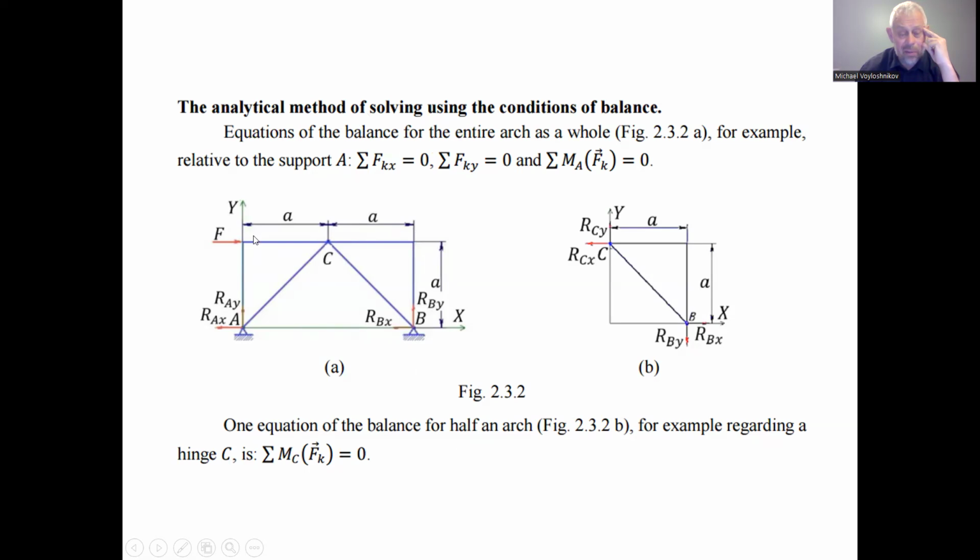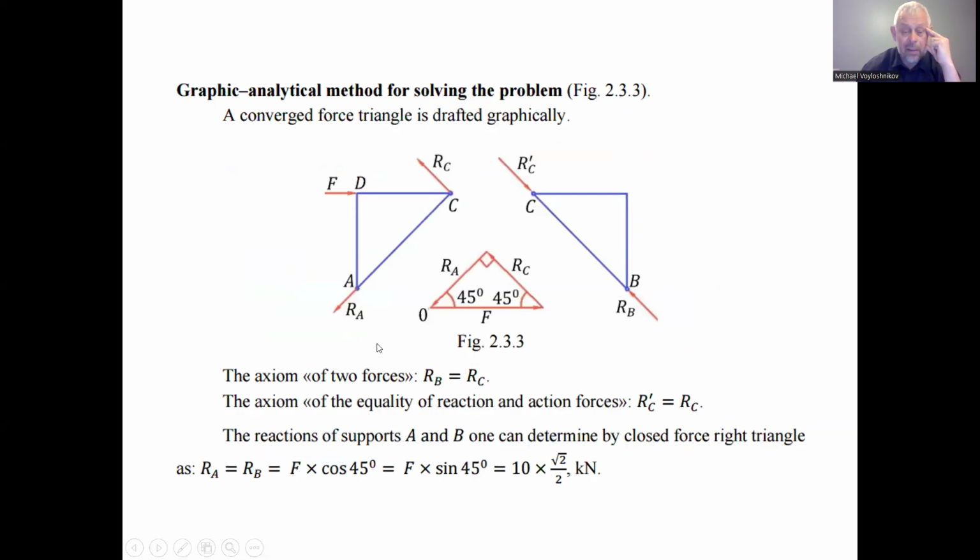These are forces F, RA, RB, and the projection of force F on the ordinate axis is 0 because force F is perpendicular to the axis of Y.